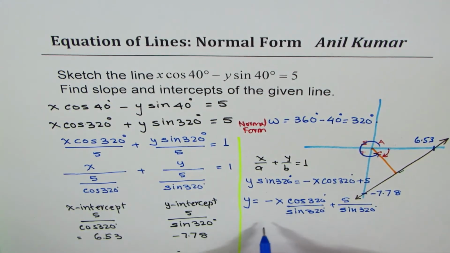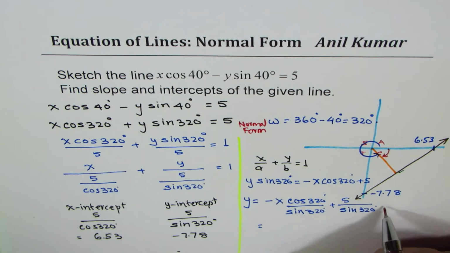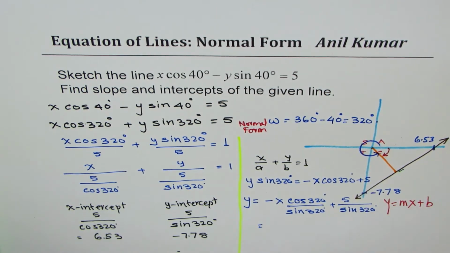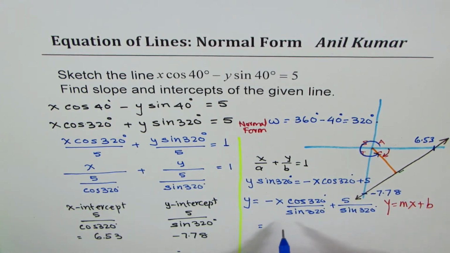Now from here you can see what the slope is, comparing the equation with y equals mx plus b, which is slope-intercept form. So m here is the coefficient of x. I'll write this as minus tan 320 degrees.